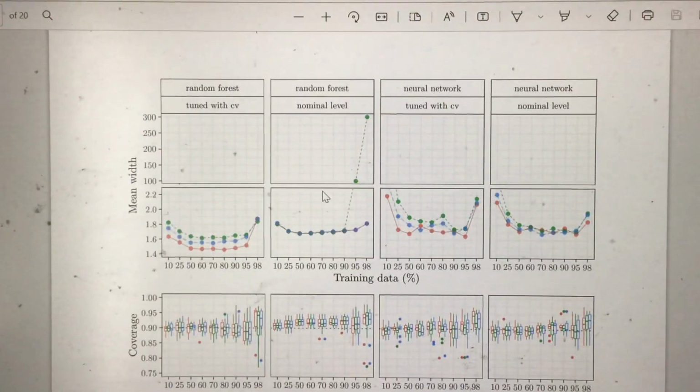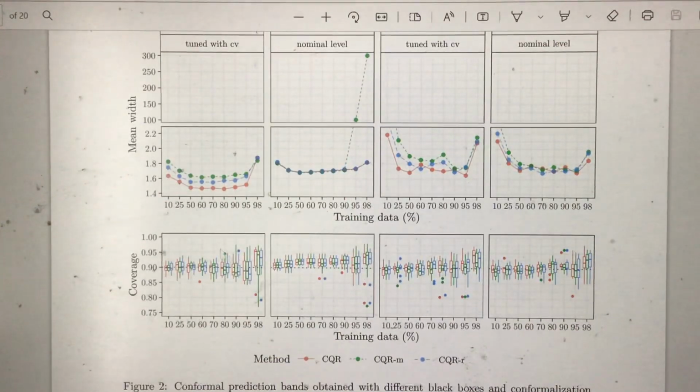This is random forest tuned with CV and nominal level. The neural network is here, and this is the pruning parameter gamma from 10 to 98. From here we can also see CQR is the best, right?